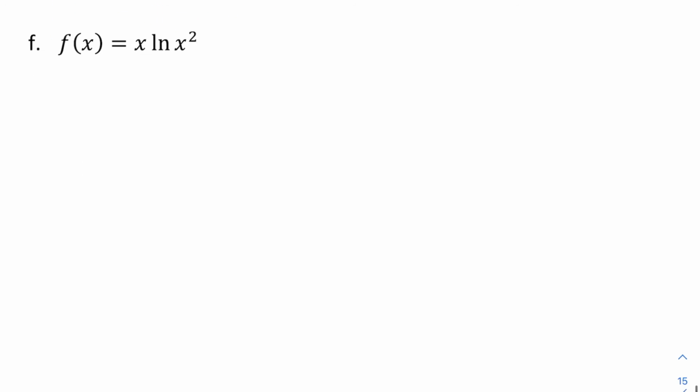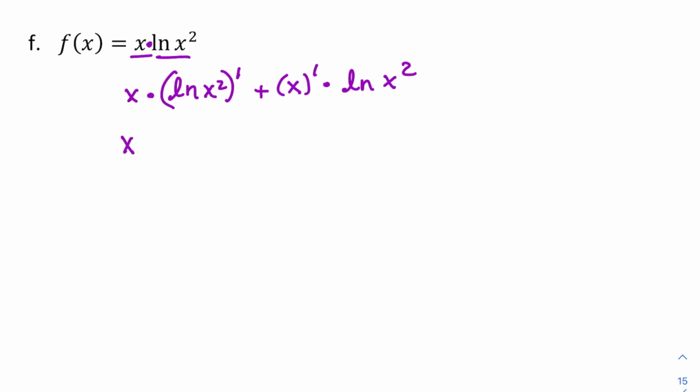This next one is going to take some product rule because we're multiplying those two functions of x together. So I'm going to set this up first. So x times the derivative of natural log of x squared plus the derivative of x times natural log of x squared. And then doing the derivative, I'm going to have 1 over x squared times natural log of e times the derivative of x squared is 2x.